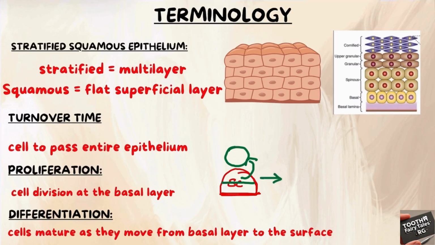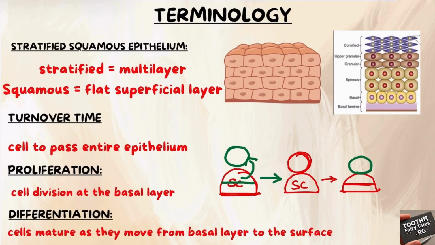That means this is a stem cell and the newly formed cell is going and sitting on top of the basal cell layer. And again, when the stem cell undergoes division, a new cell is produced, and the older cell is moving towards the surface.